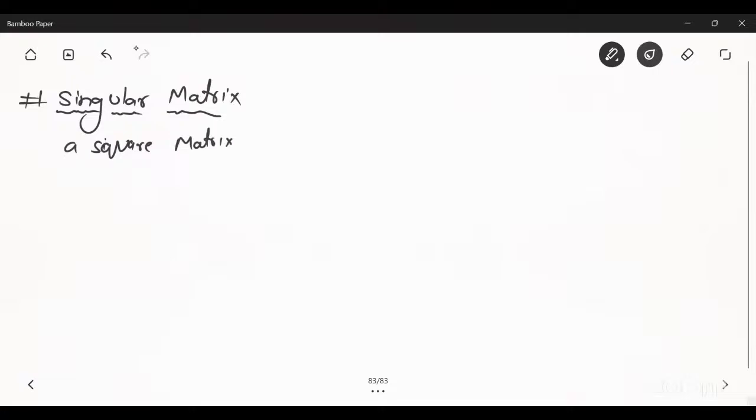Now there are two types of matrix: singular matrix and non-singular matrix. So what is a singular matrix and what is a non-singular matrix? A square matrix whose determinant is 0 is called a singular matrix.